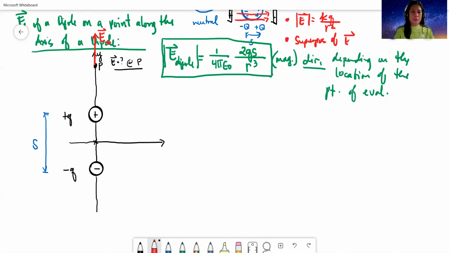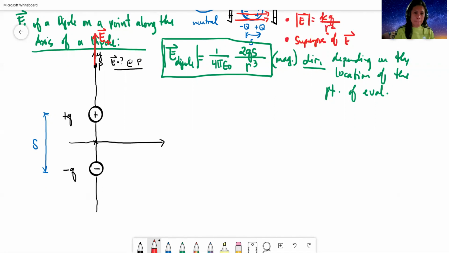Okay. What about the electric field contribution of the negative charge at point P? So this is negative. At any point surrounding the negative charge, the electric field will always go towards it. Now, if you look at this, the positive charge is closer to the point of evaluation than the negative charge. Okay? So remember, the inverse square relationship between field strength and the separation between the source charge and the point of evaluation.